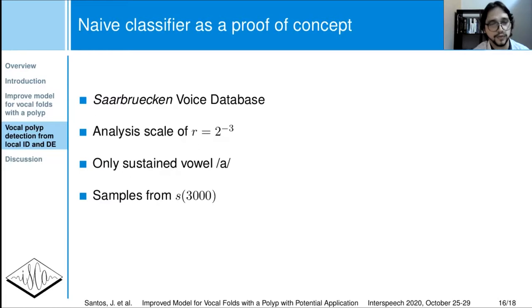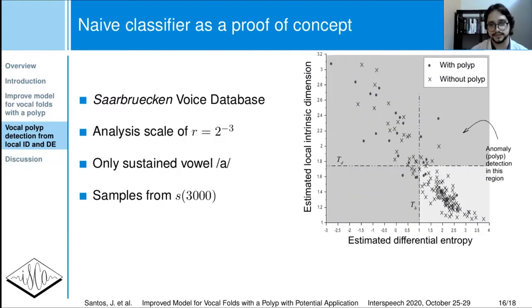And from the signals, we took the samples beginning from the 3000th sample to cut the onset of the signal. And with the classification, we got this.